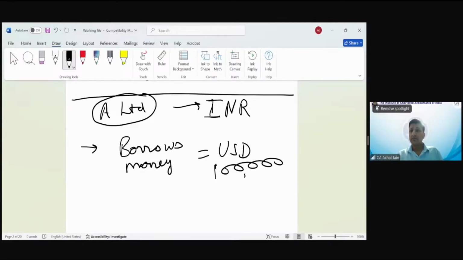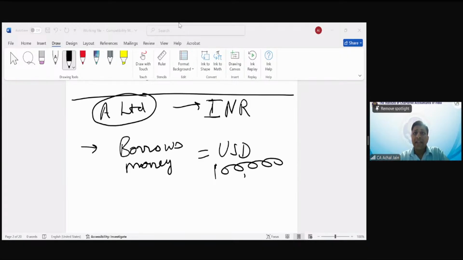Tell me, can the company do that? The answer is no. But it's a transaction which the company has done in foreign currency. Correct? So this transaction has been made by the company in foreign currency.